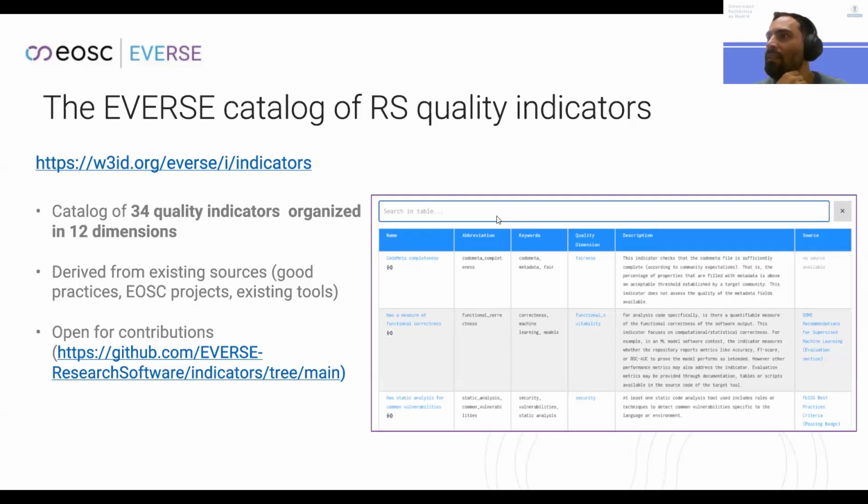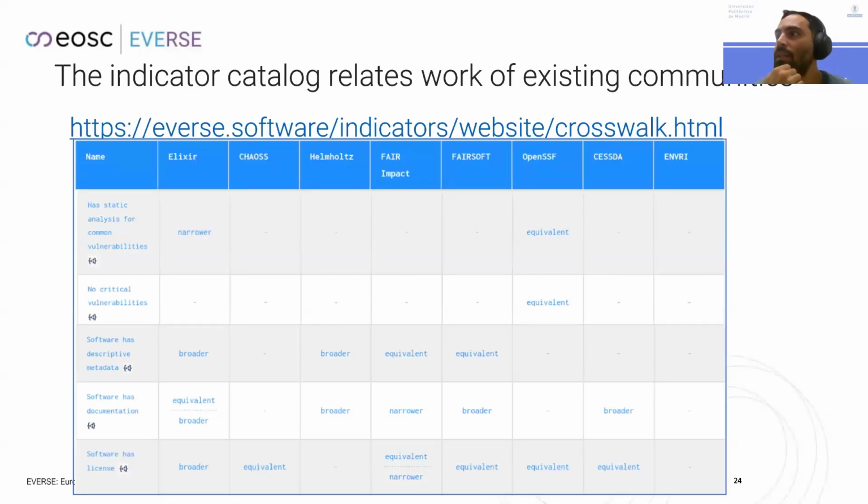Next slide, please. So, as I was saying, the catalog not only brings the indicators, but also does a mapping between what the different communities have considered important. In this table that you can browse at the URL in the slide, you can see how different communities have considered that, for example, it's important to have a static analysis tool for common workflows in a GitHub repository.